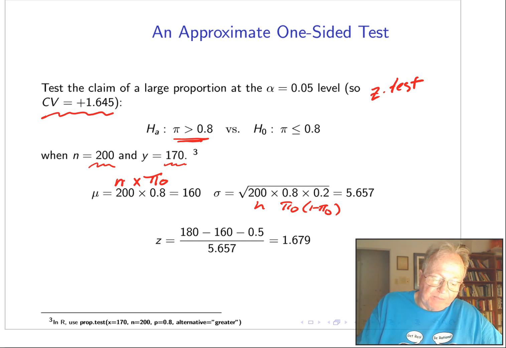So the observed value, 170, minus 160. Continuity correction, because we have to move it down, because it's on the high side. Divide that by the standard deviation, and we get a z-score of 1.679. Okay, this is greater than 1.645, so we'll reject the null hypothesis.